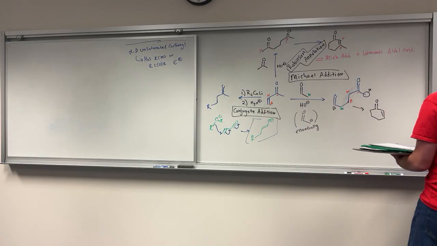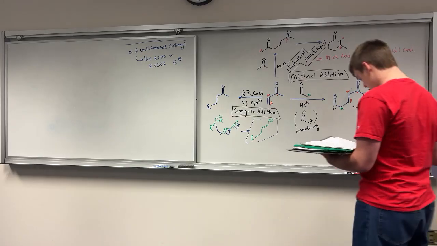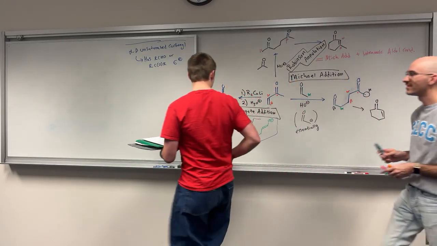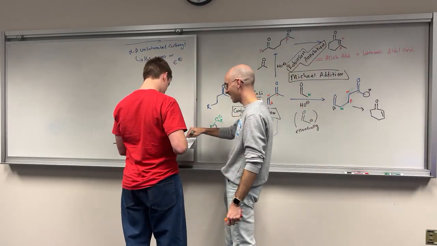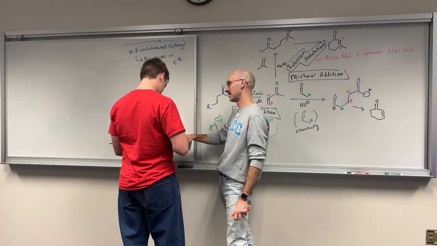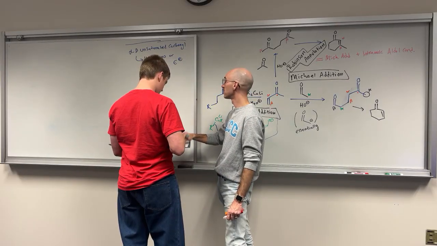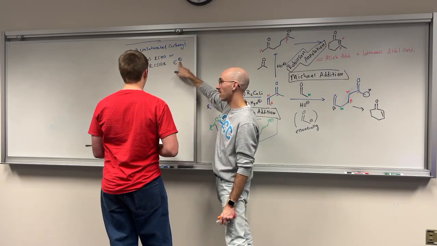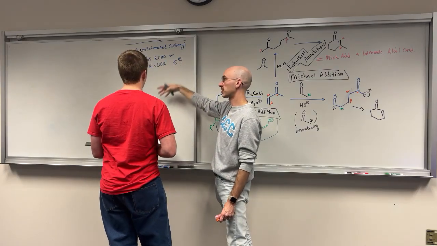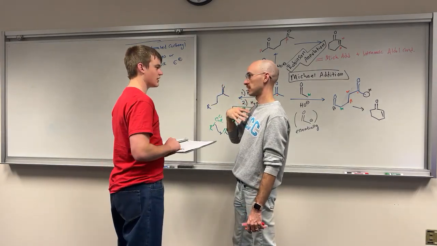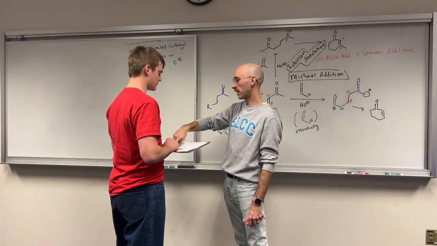Definitely not, because the alpha carbon is always the nucleophilic carbon. No, I just said alpha is nucleophile. Nucleophile is negative charge. That's why electrophile says positive. Electrophile takes electrons. Nucleophile donates.